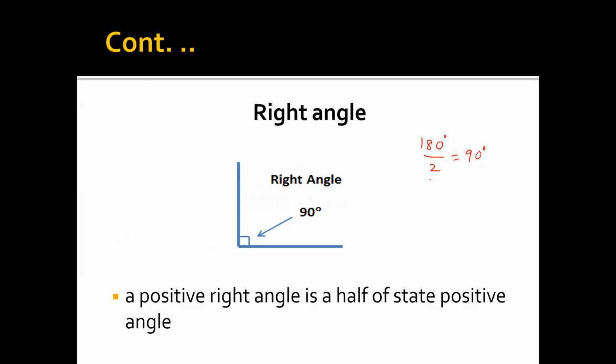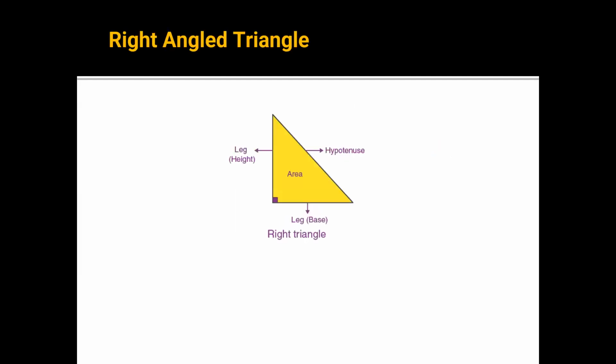So whenever 90 degrees is there, you can assume that there is a right angle. If I draw a line over here, 90 degrees here, 90 degrees here, so 90, 90, 180 degrees. You just need to remember that a right angle is half of a positive straight angle. So we have learned two things, positive straight angle and right angle.